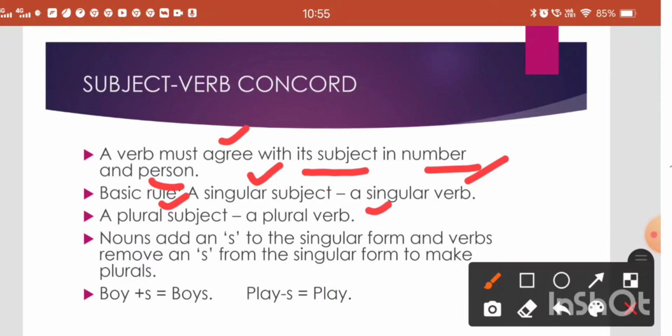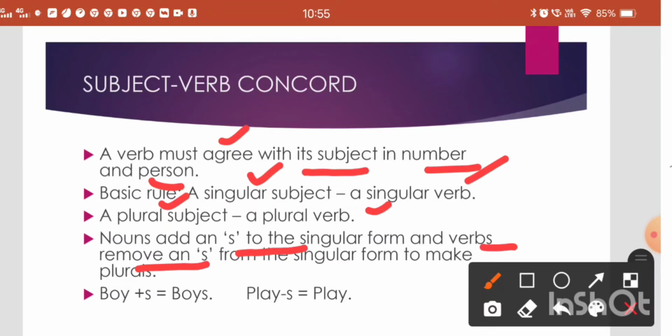One more important information, how to convert singular noun into plural noun, you must be knowing that, and how to make a plural verb. Very easy tips I am giving you. Nouns add an S to the singular form. In nouns, we add S. But in verbs, we remove an S to form plural.